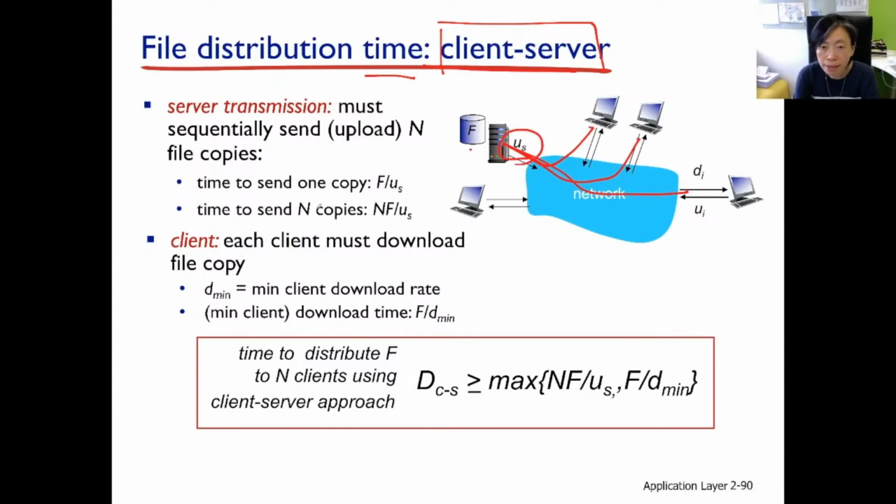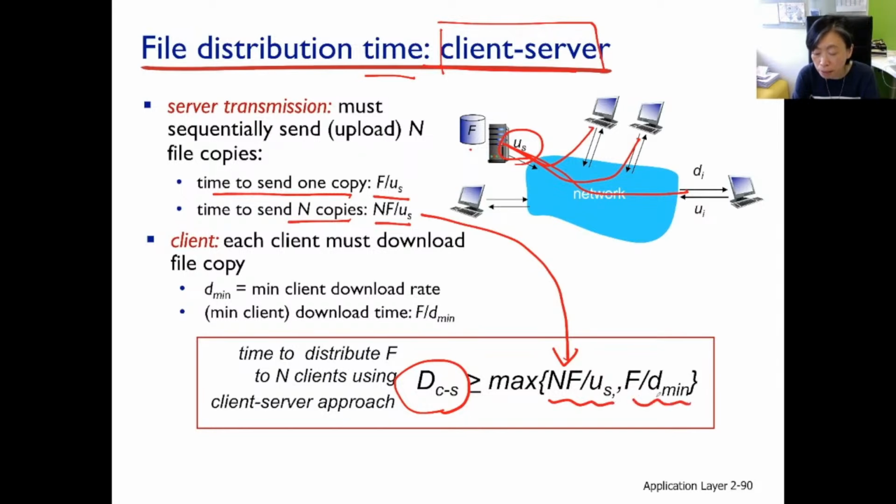If the uplink capacity is u_s, therefore the time to send one copy will be F over u_s. And to send N copies altogether, NF over u_s. And this is the term that we have here. Because the overall file distribution time will be limited by the uplink capacity and the minimum client capacity.